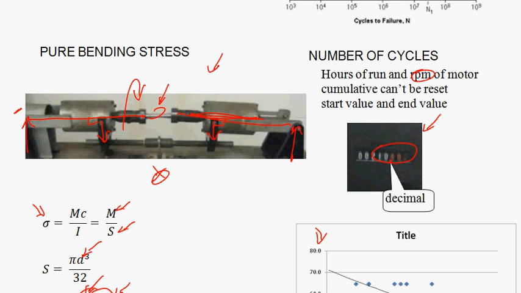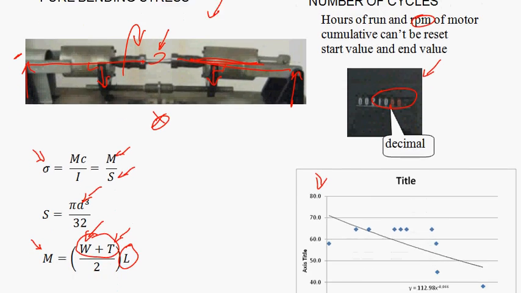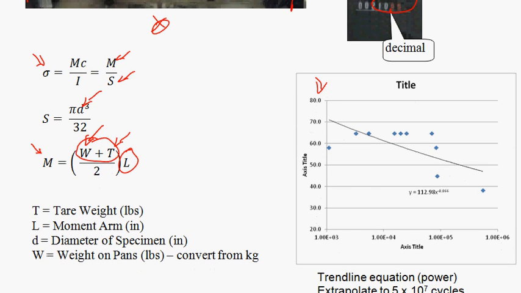You'll need to record it at the beginning of the test, and then the equipment will stop. When the sample fails, it will automatically stop, and so then you'll go into the lab and record the hours on this meter at the end of the test.